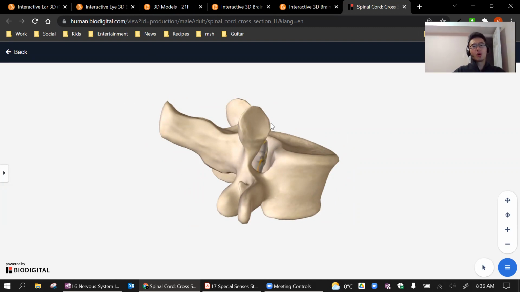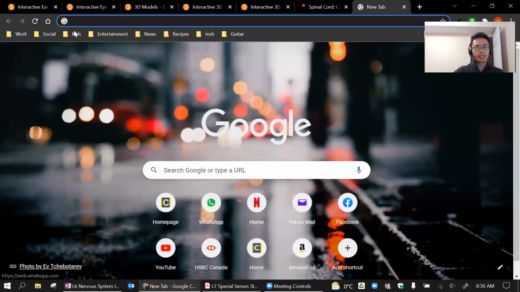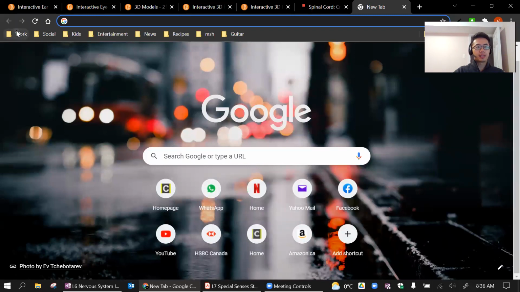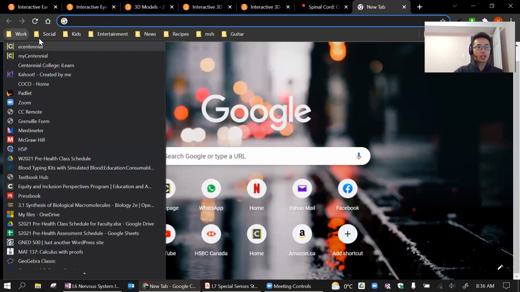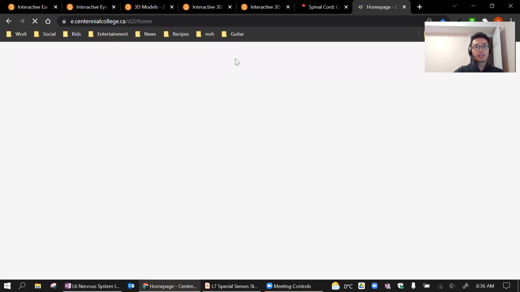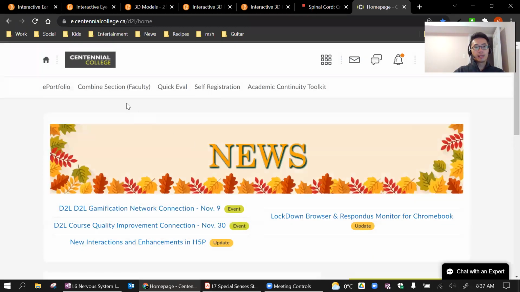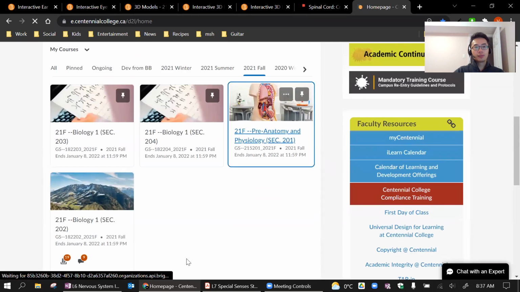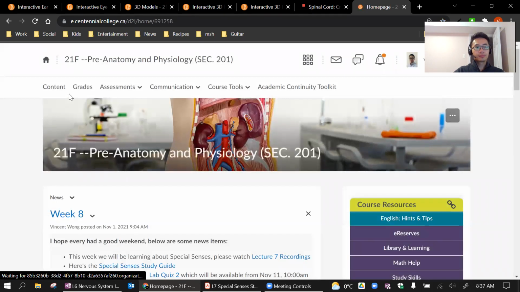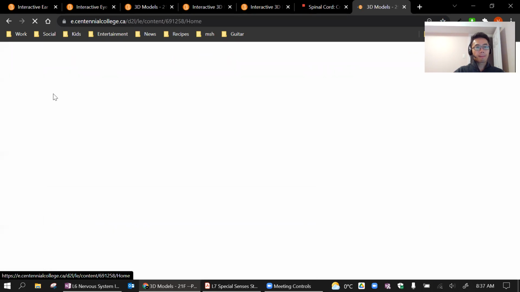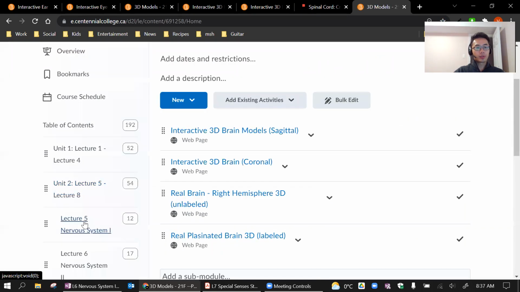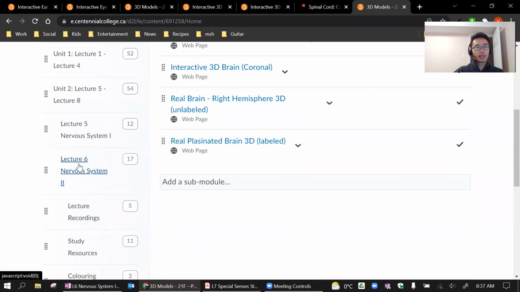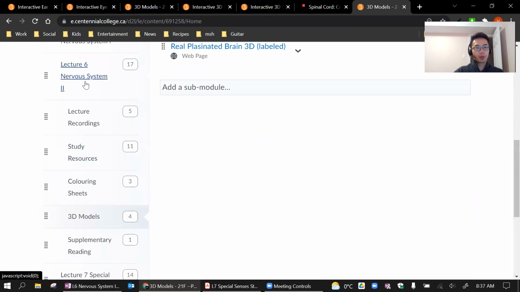Now, these models are all available on eCentennial. So if you just go to eCentennial, let me quickly show you where it is, because I don't think a lot of you have had a chance to go through them. In your core shell, contents, we are doing unit 2 and nervous system, part 2.